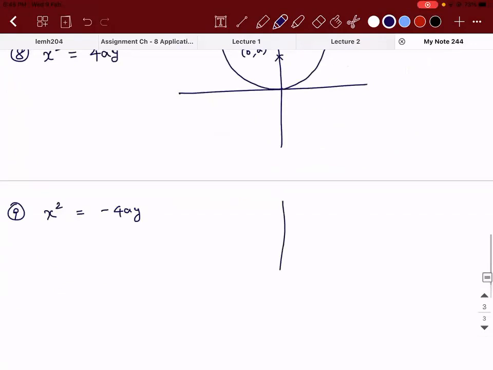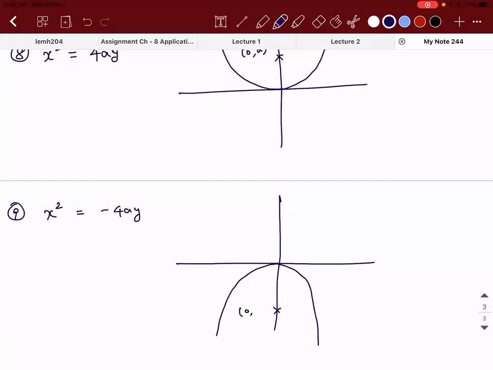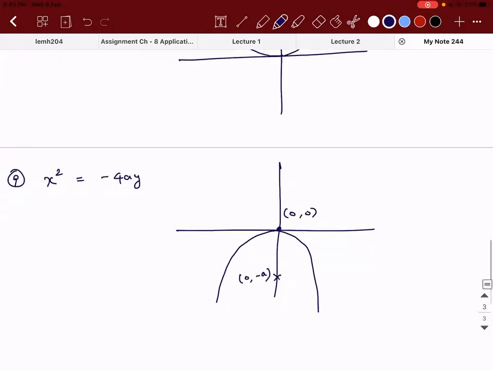Can someone tell me what x square is equal to minus 4ay will be? It will be a downward parabola with this point as 0 comma minus a, and this point is 0 comma 0. What is that 0 comma minus a called? It will be the focus.